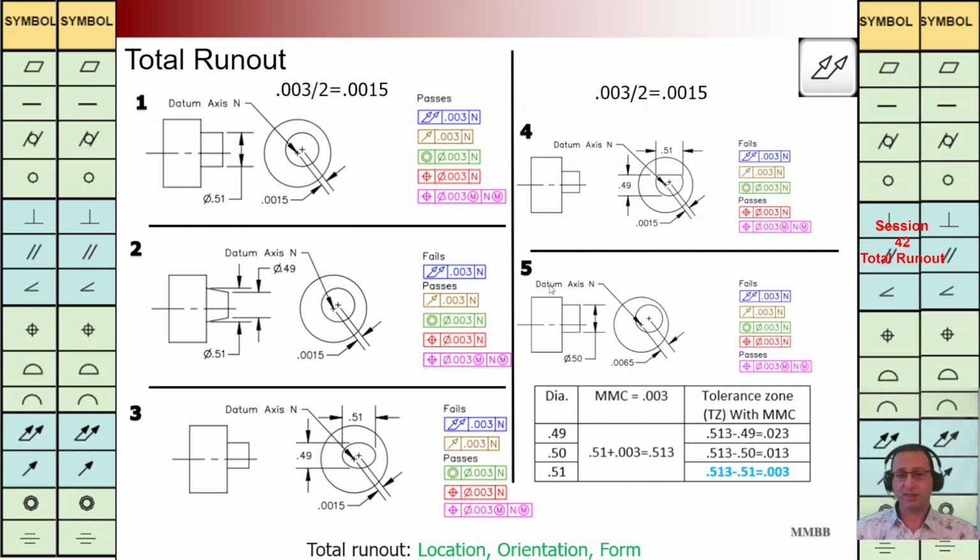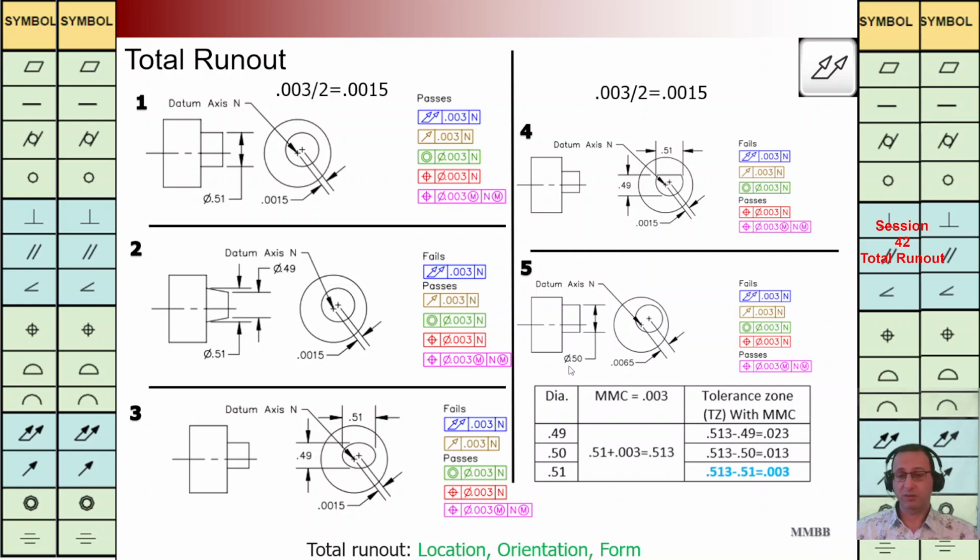Let's see the last case, number 5. We are going to have an off-center of 0.0065. As we can see, this off-center is greater than half of this TZ. We are not going to fulfill the condition for positioning. But whenever we have dynamic TZ, we need to calculate what the TZ is for that diameter.